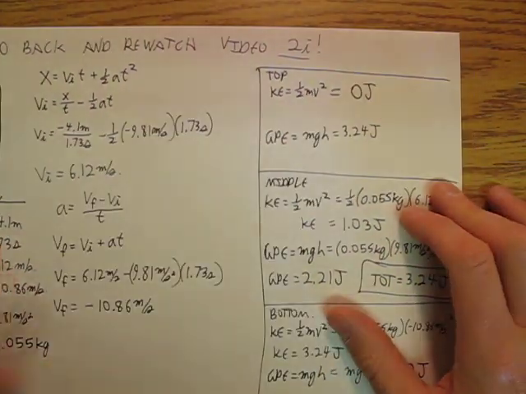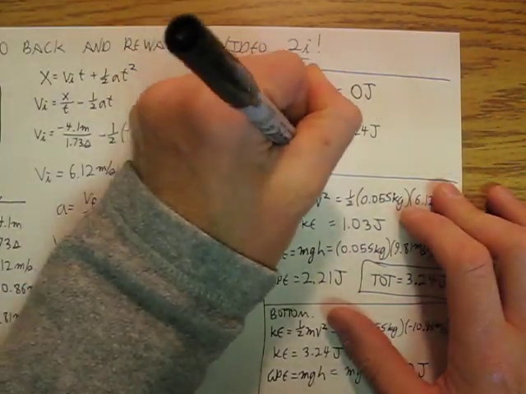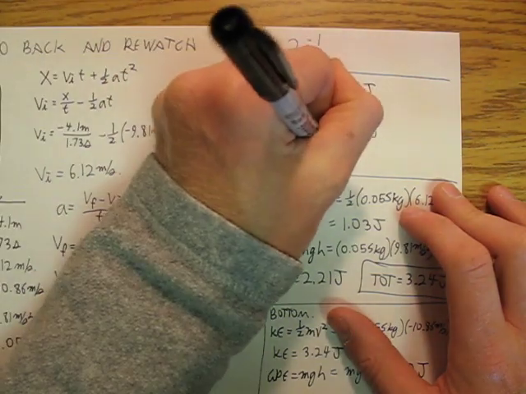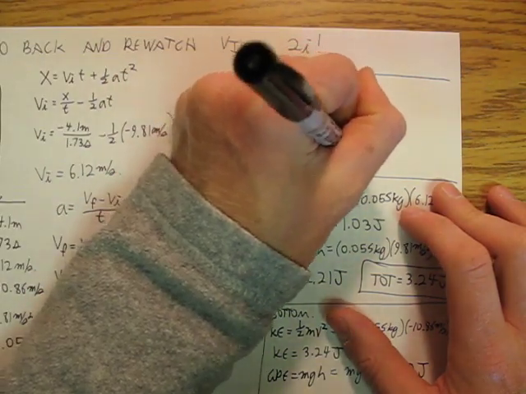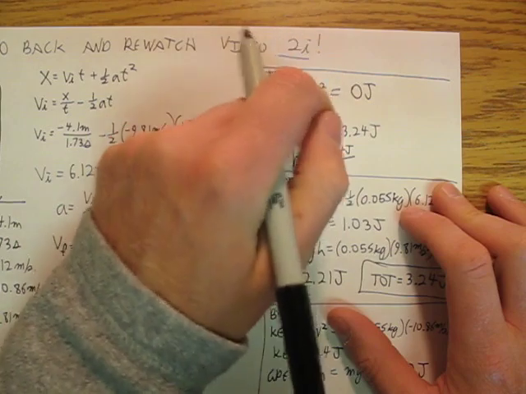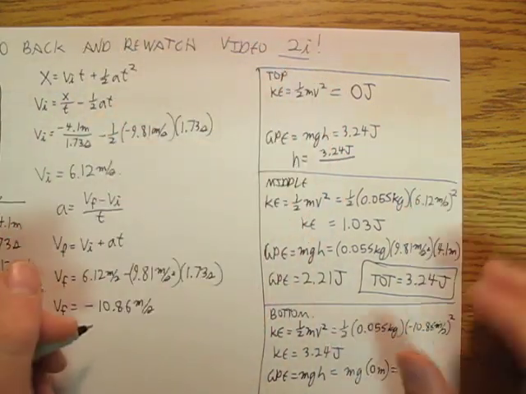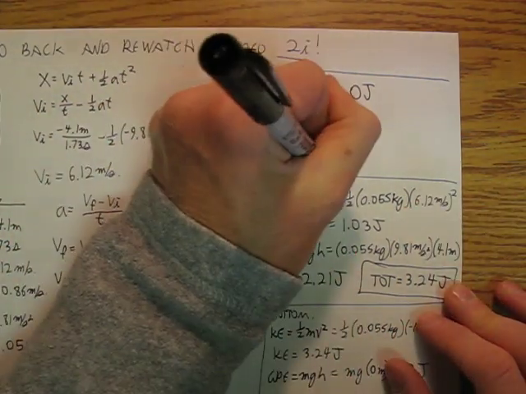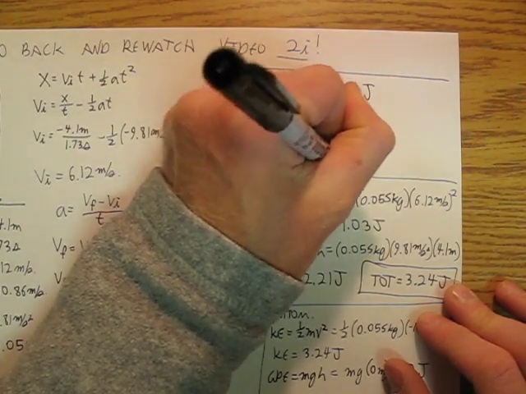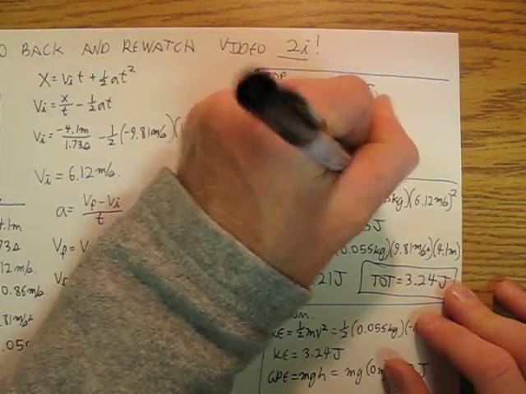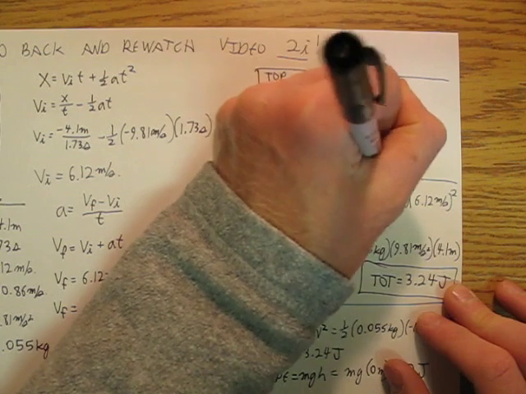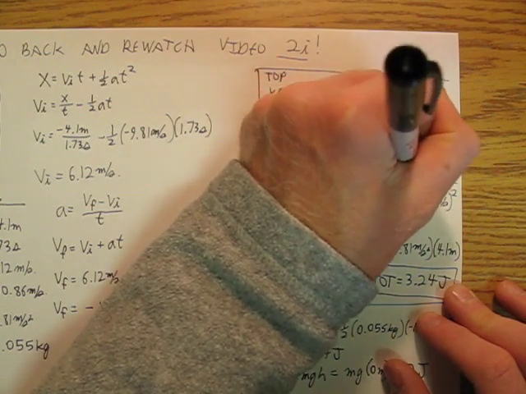So now that allows me to say that the height is going to be 3.24 joules divided by the mass, which is 0.055 kilograms, and gravity, which is 9.81 meters per second squared.